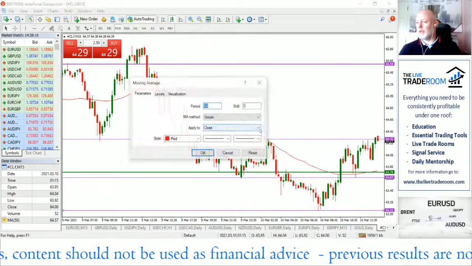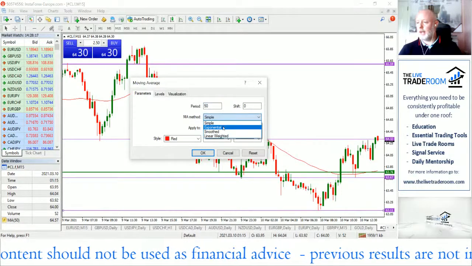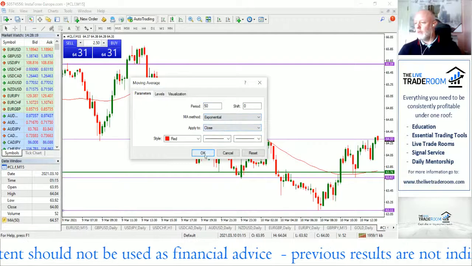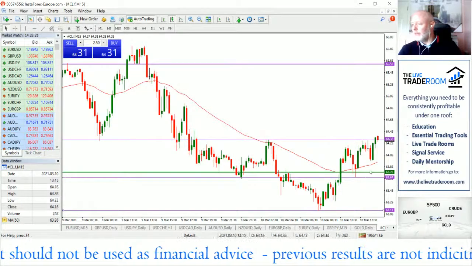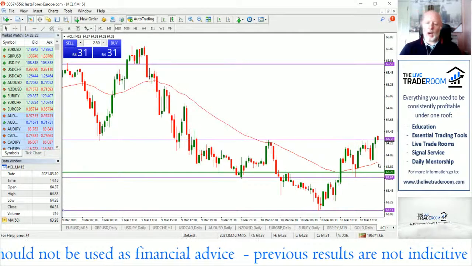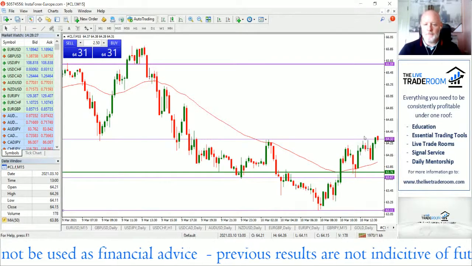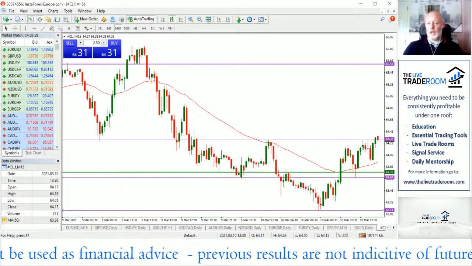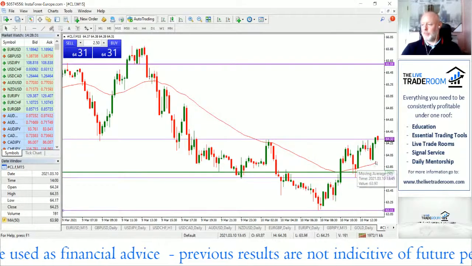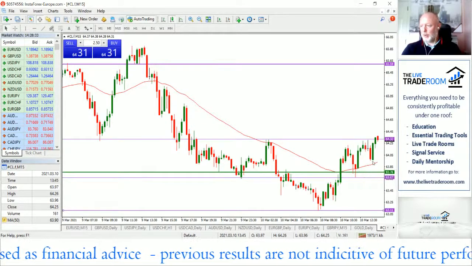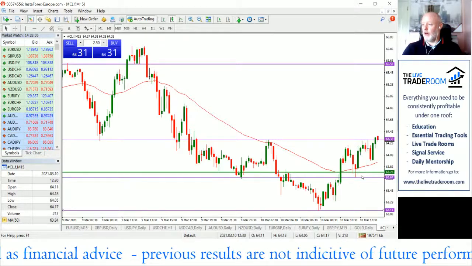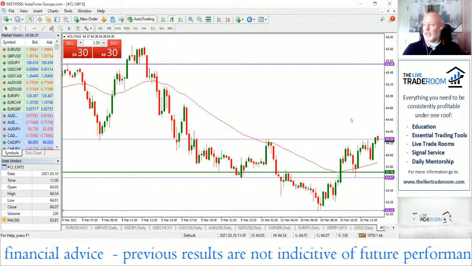What I might do is change this to an EMA, just to see what the real difference is. So it only nudges a little bit higher, and this is really supportive of a buy trade. There's no resistance, it's actually support. It's below the price, so it's allowing prices to push to the upside.